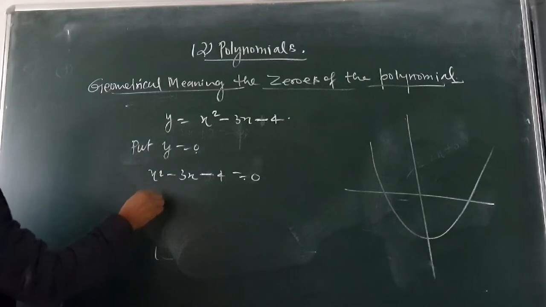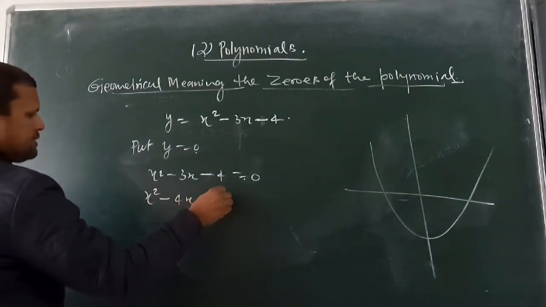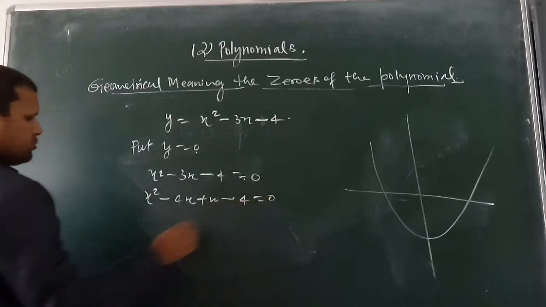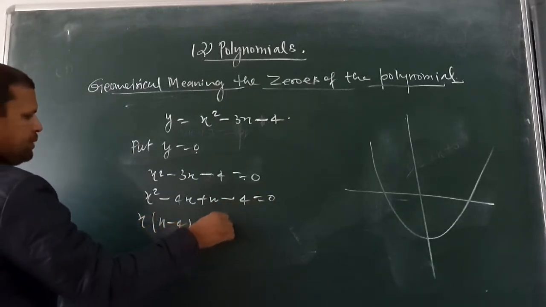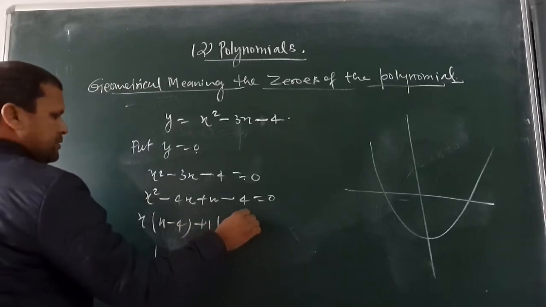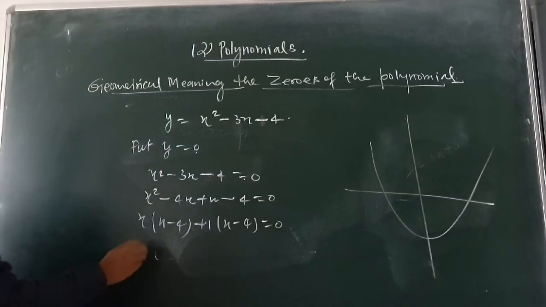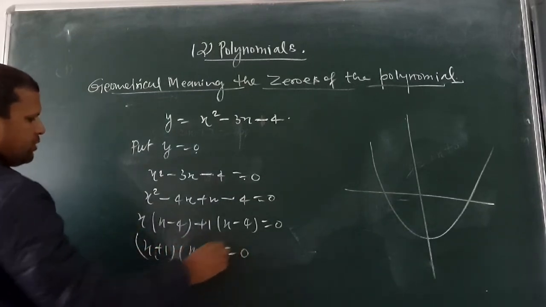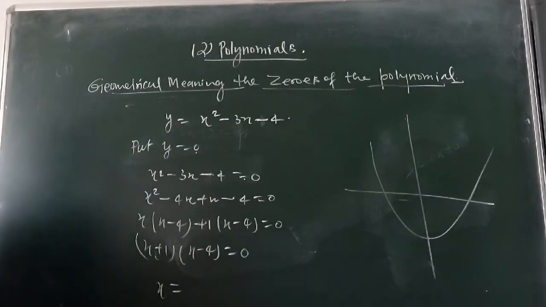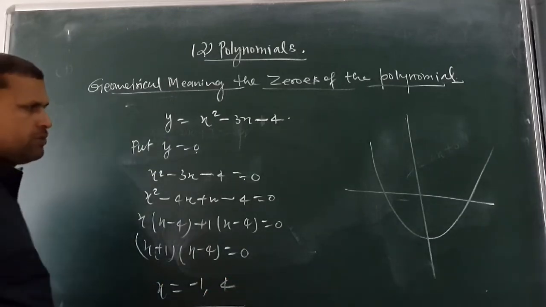So x square minus 4x plus x minus 4 equal to 0. Take x minus 4 common, it is x plus 1 into x minus 4 equal to 0. So x plus 1 and x minus 4 equal to 0. So there are two values, it is minus 1 and 4.